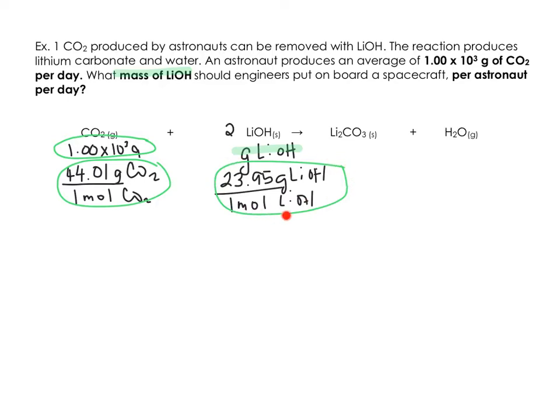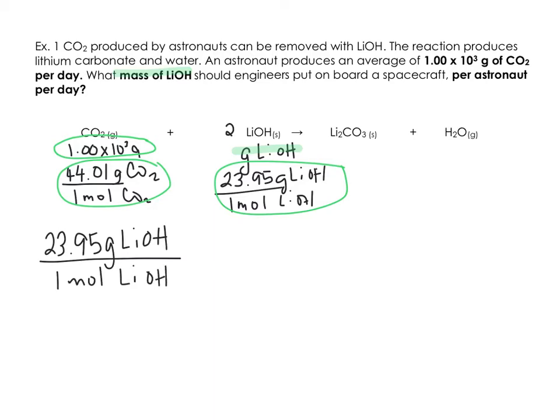We have it right here in our molar mass. And grams of lithium hydroxide are on top. So we're going to leave this ratio like this. We're not going to turn it upside down. So 23.95 grams of lithium hydroxide is in every 1 mole of lithium hydroxide.